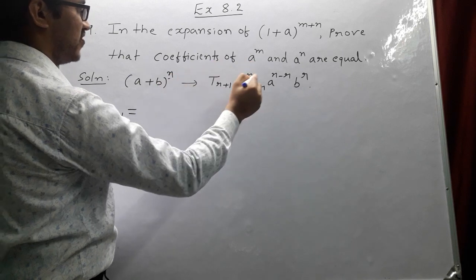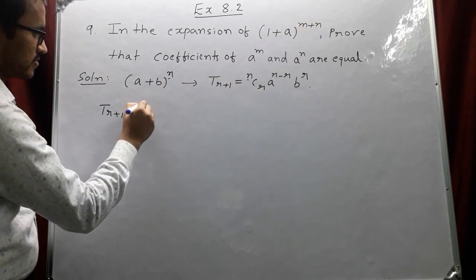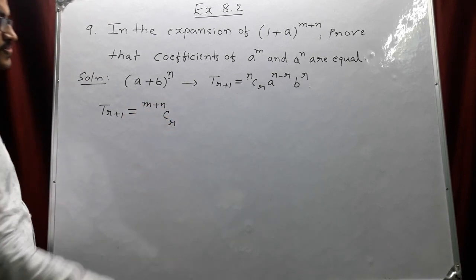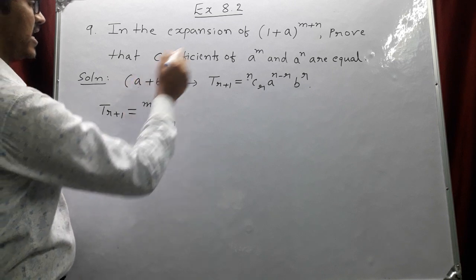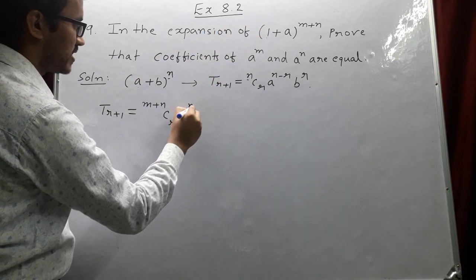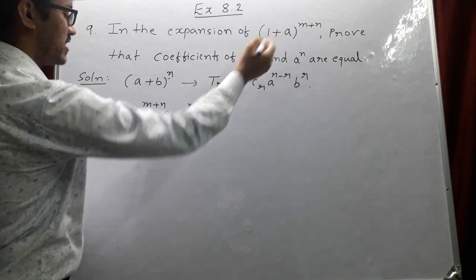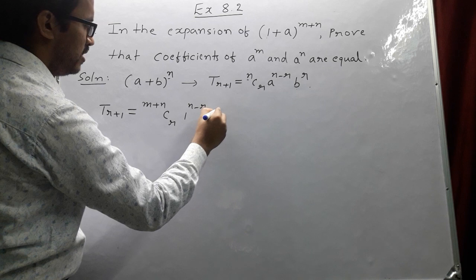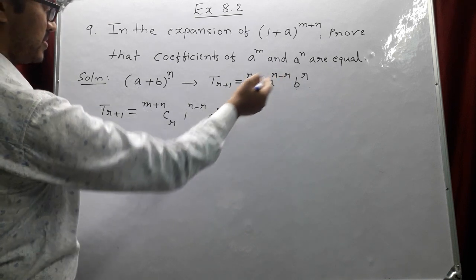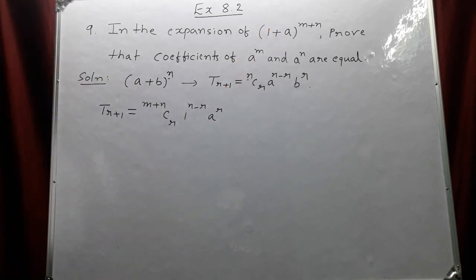Index n means we will get n here. The index is m plus n. So (m plus n)Cr, in place of a we have 1, so 1 power n minus r, and in place of b we have a, a power r.